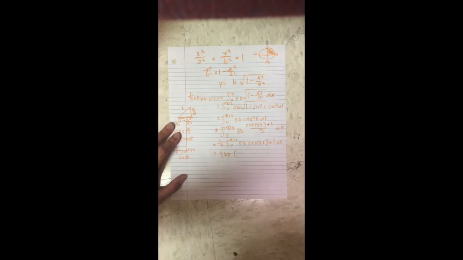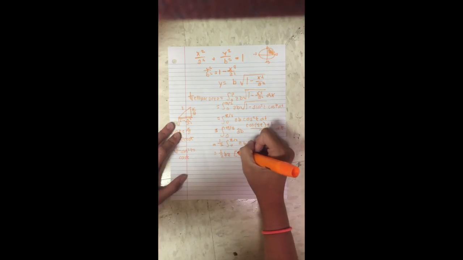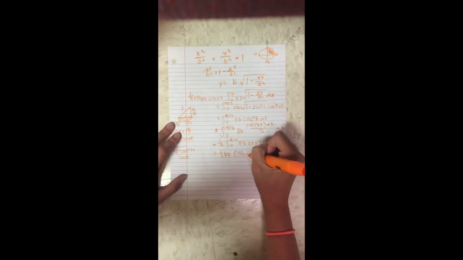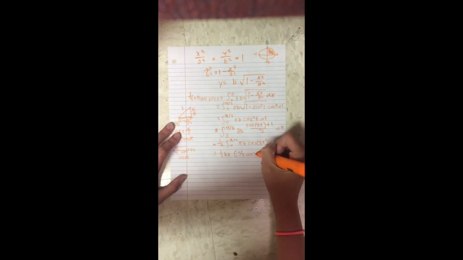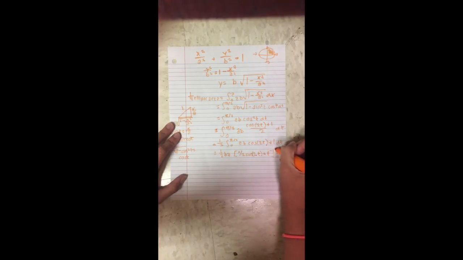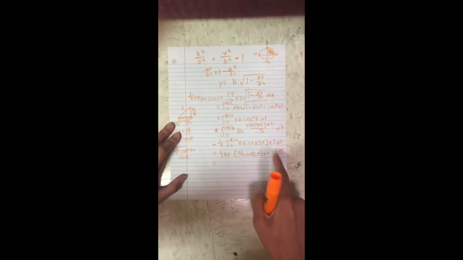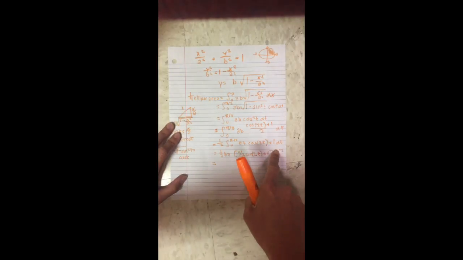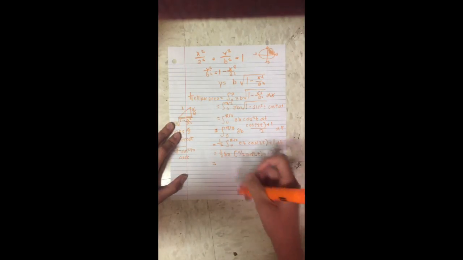times the integral, which we finally take: 1/2 sine 2t plus t. So we just integrated this inner part from 0 to pi over 2. Now we integrate from the limits of integration.